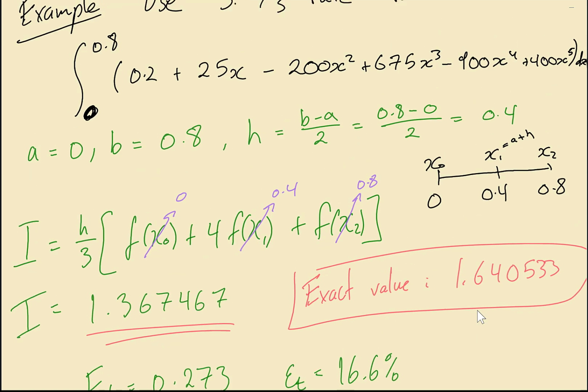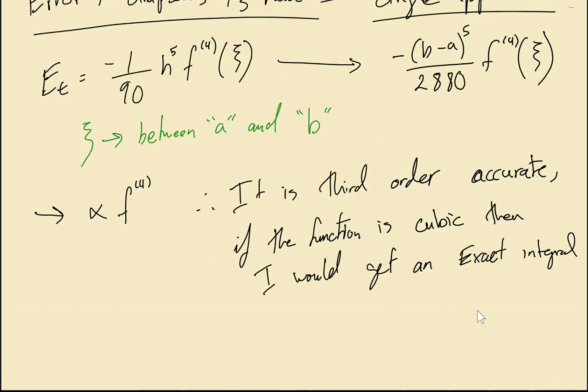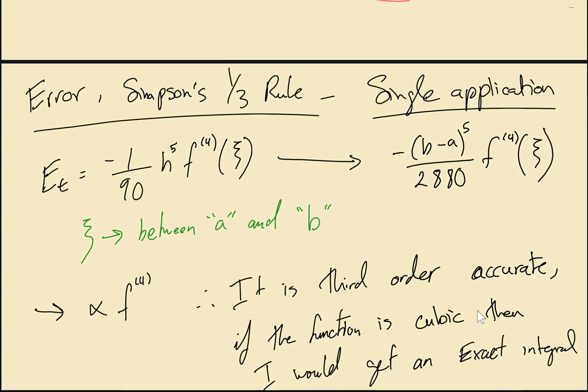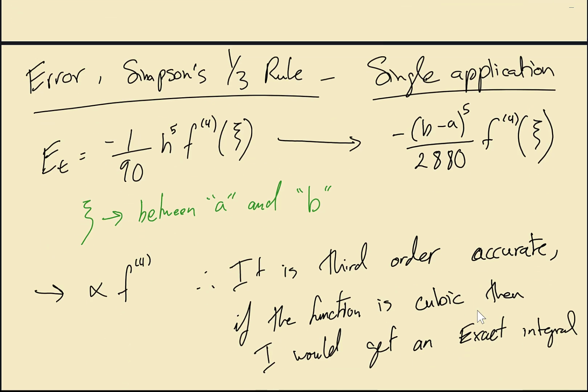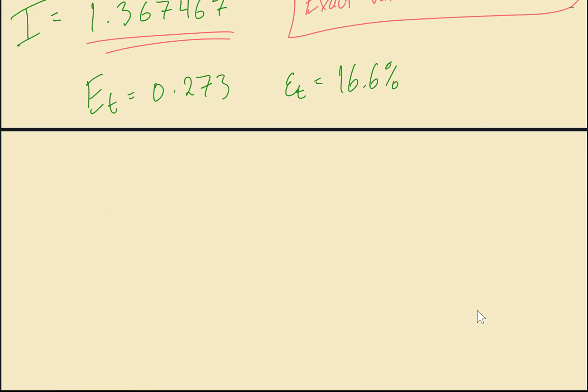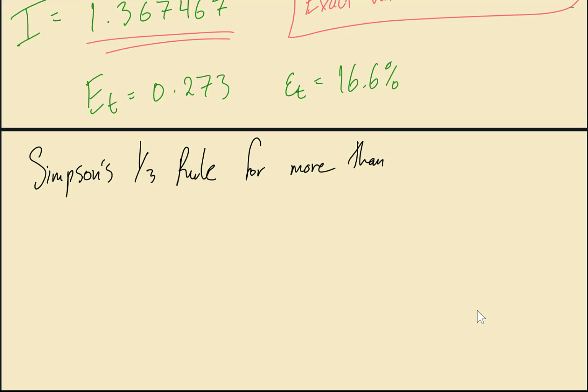Now what we're going to do is look at how we can apply the 1/3 rule multiple times within one single graph. So we're going to look at Simpson's 1/3 rule for more than 3 points.